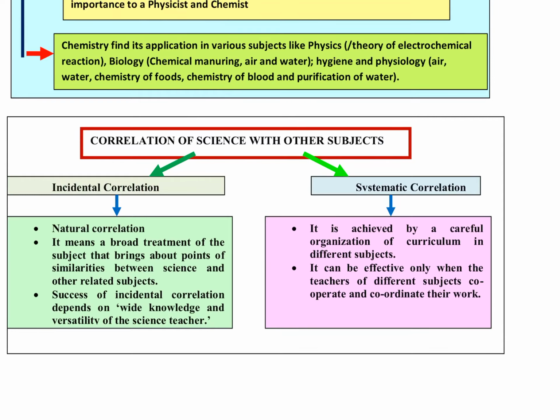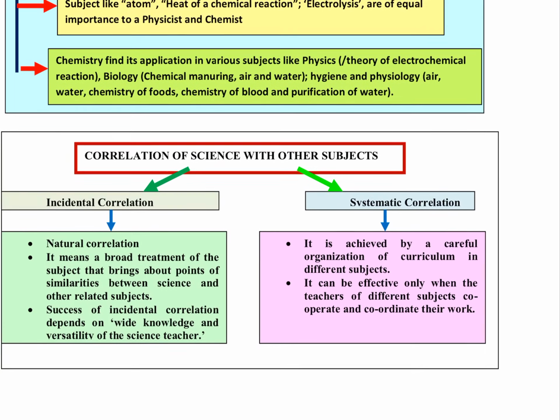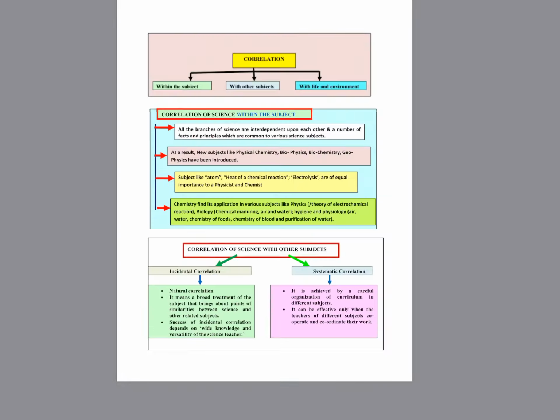And anyway, in another slide we can understand this further. And examples of this incidental correlation here will be very clear for you. Three examples are cited in this particular diagram.